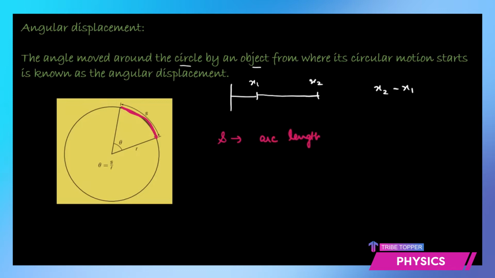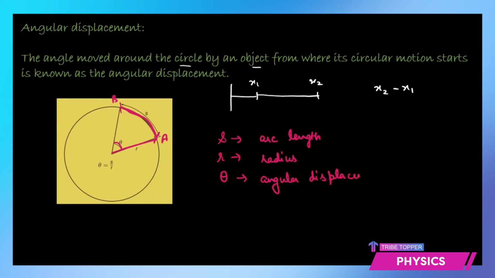If we have traced out this much of arc starting from A and stopped at B, then this arc along with the radius has traced out an angle theta at the center. So R is your radius and theta is the angle traced out, which we call the angular displacement.